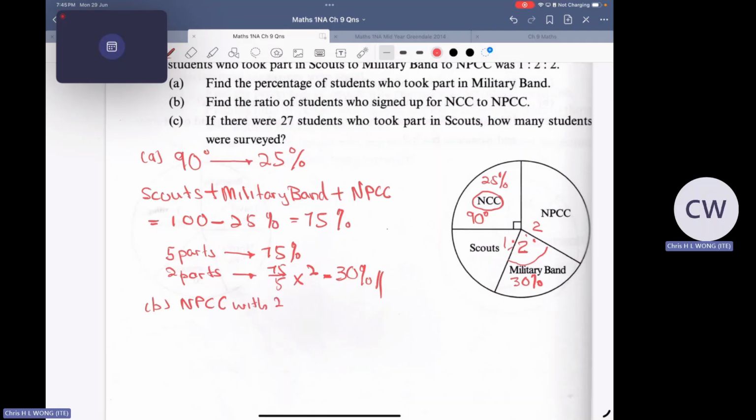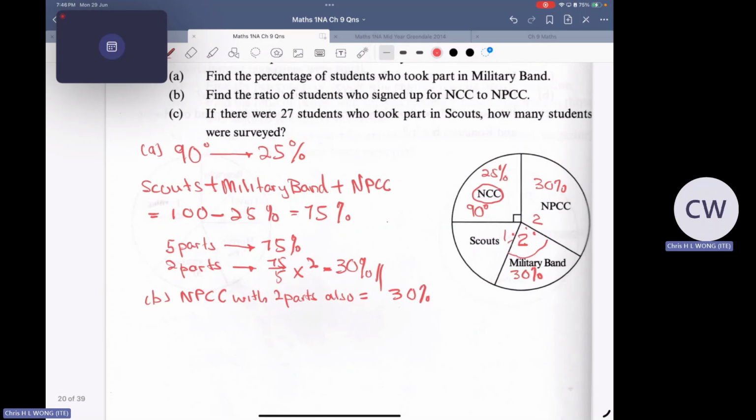You're supposed to find the ratio between NCC and NPCC. The ratio is NCC to NPCC, 25% is to 30%.